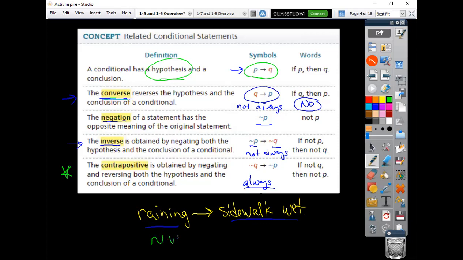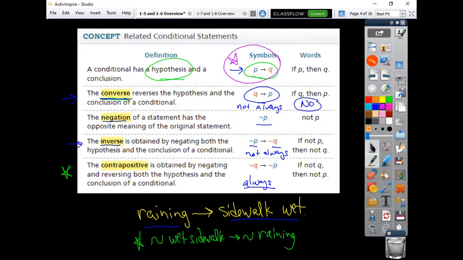So not wet sidewalk, then not raining. And that would have to be true. So the contrapositive is always true. These inverses and converses sometimes are, and it's all based off the fact that your conditional statement was true to begin with.